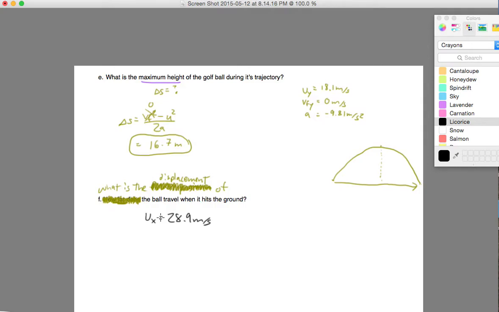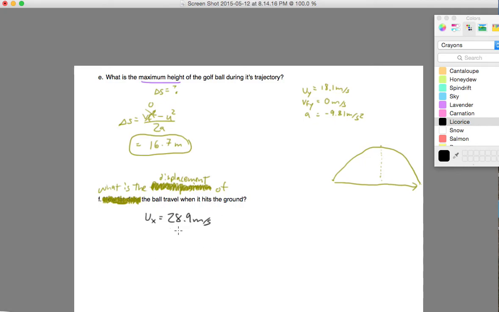I think you can see where I'm going with this. The thing that's really important to us now is the time it takes for the ball to travel here. Since we know the horizontal velocity, all we have to know now is how long it's going to have that horizontal velocity, because that will tell us the distance.